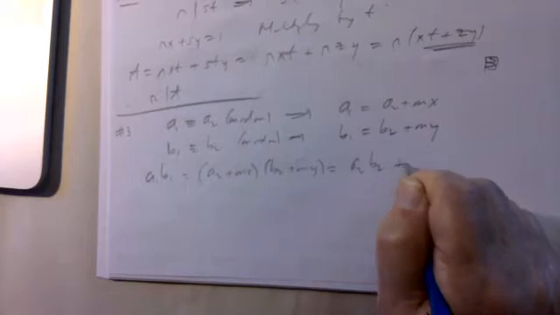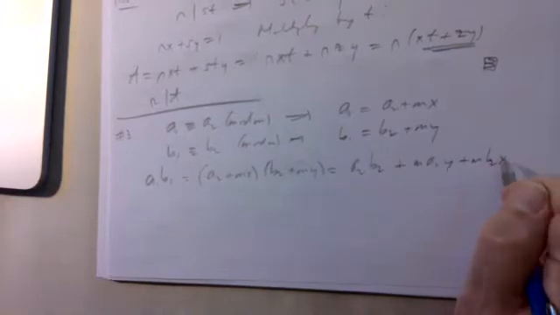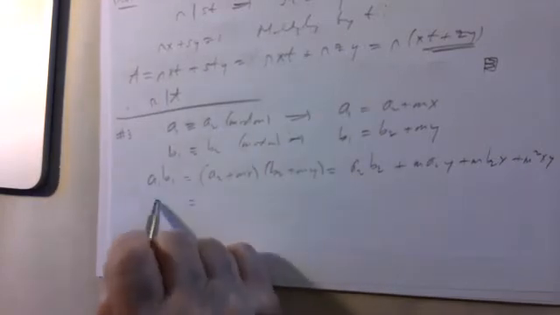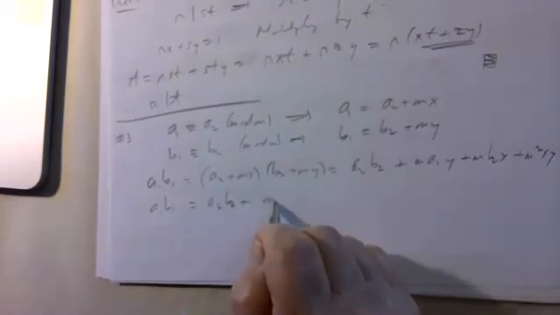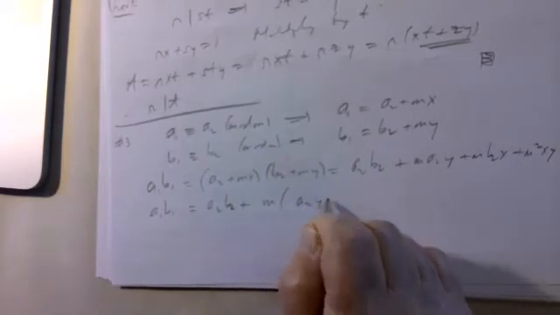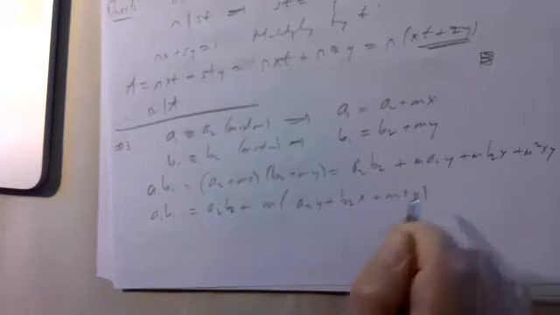So let's actually multiply it. You get a2 b2 plus m a2y plus m b2x plus m squared xy. So a1 b1 is a2 b2 plus these three other terms, and I can factor an m out of it. I get m times a2y plus b2x plus mxy.